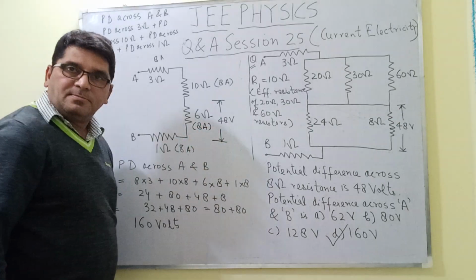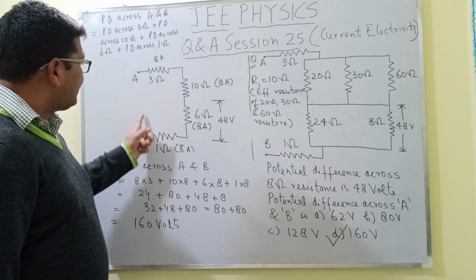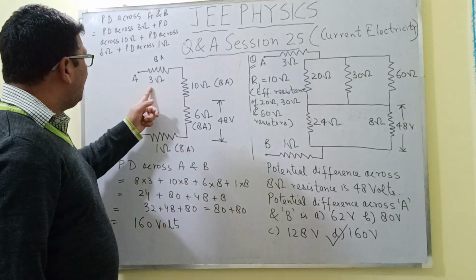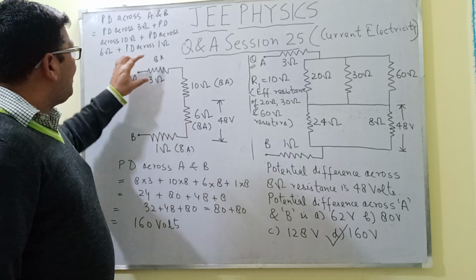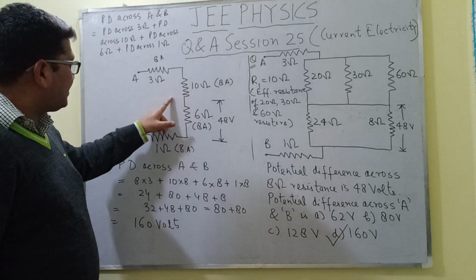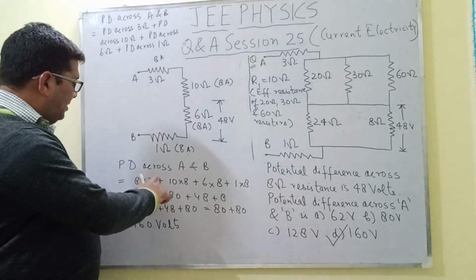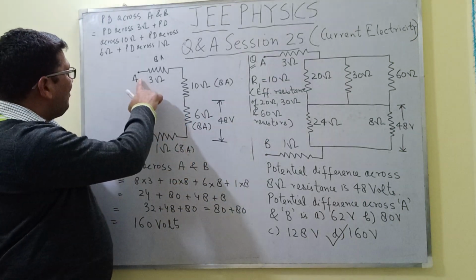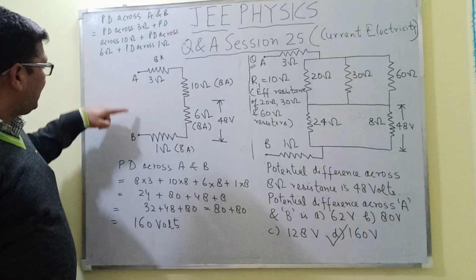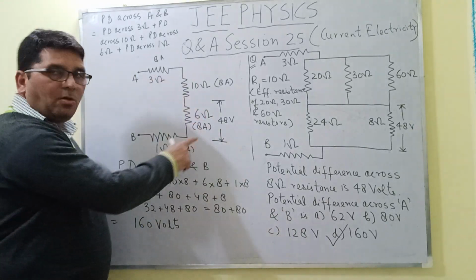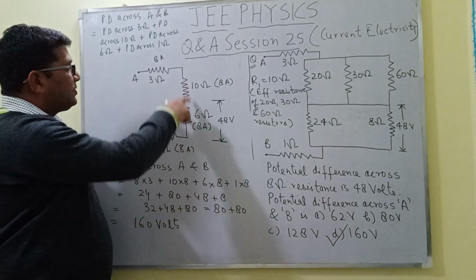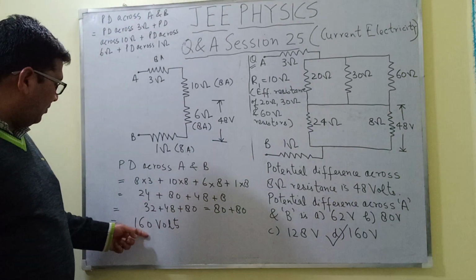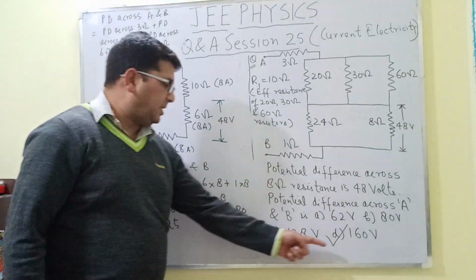And in the series circuit the current through all the resistors will be the same. So we have calculated the potential difference across each resistor, and after that, we have calculated the potential difference across A and B by adding all the potential differences across each resistor. So the answer was equal to 160 volt, and the correct option is D.